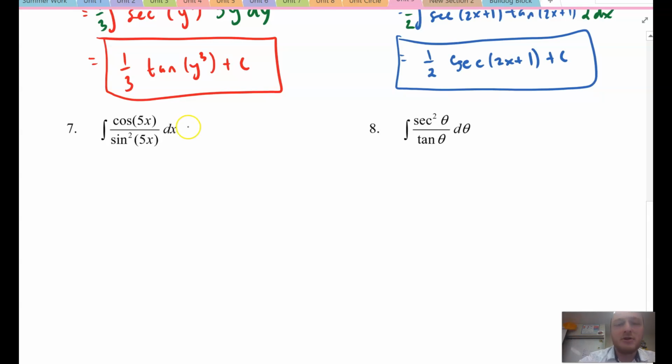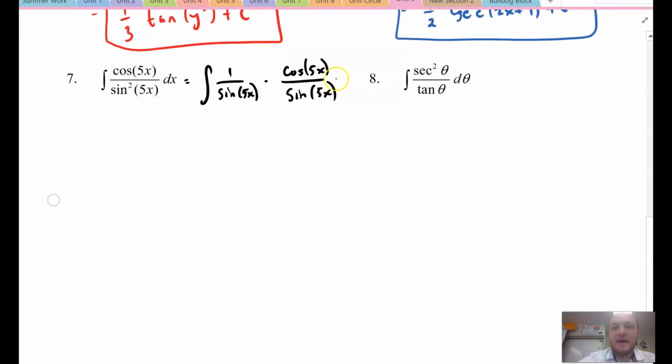So one method that you can do is I can rewrite this as 1 over sine of 5x times cosine of 5x over sine of 5x, okay, and lo and behold, using our reciprocal identities and quotient identities, this is cosecant of 5x and cotangent of 5x dx.